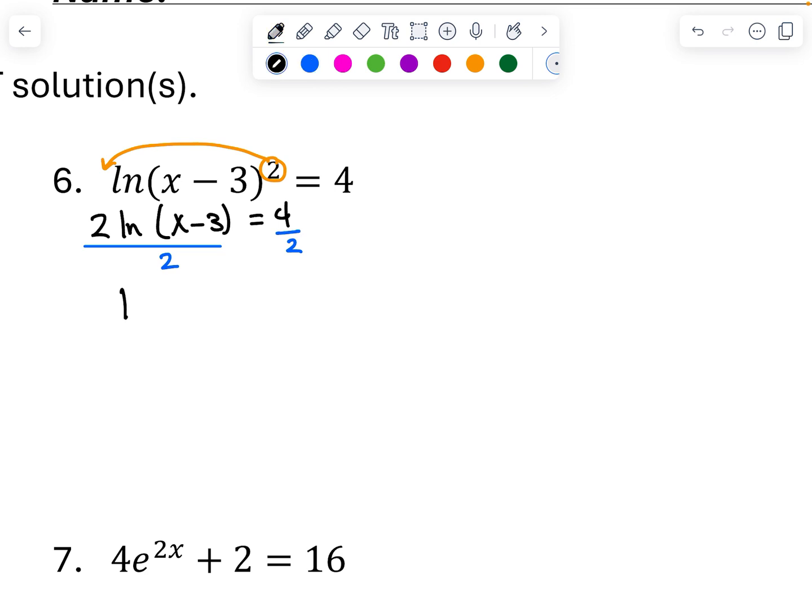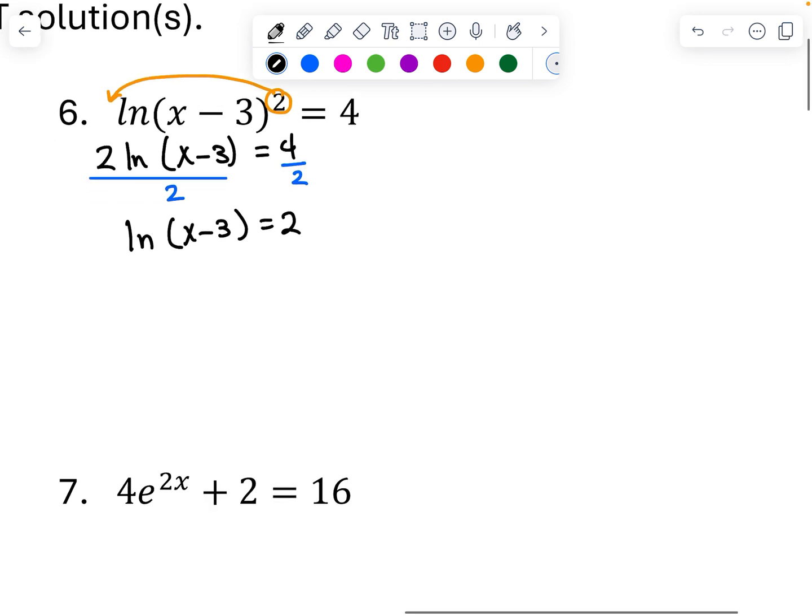That's going to give me the natural log of x minus 3 is equal to 2. That's going to give me e to the second power is equal to x minus 3. That's going to give me e to the second power plus 3 is going to give me x. That is the exact answer.